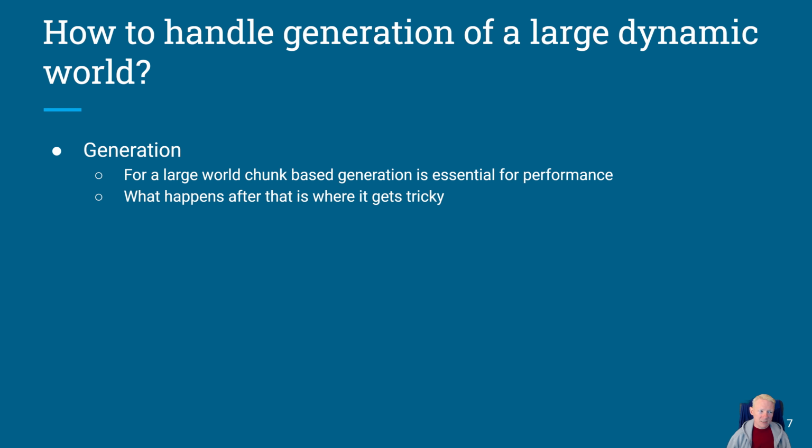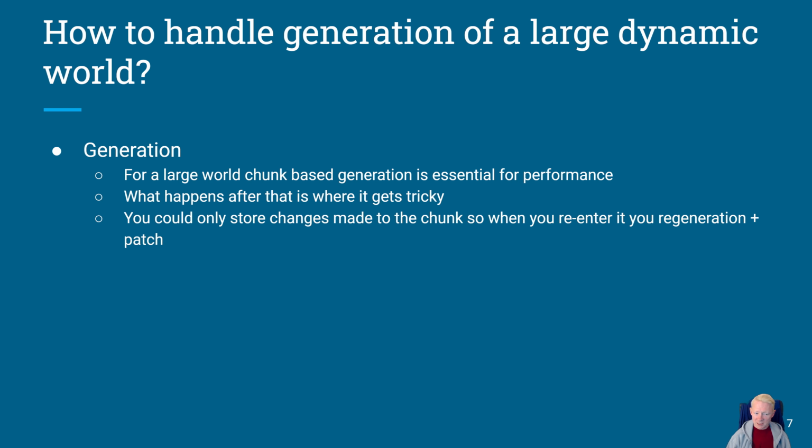Now, the challenge is, okay, that decision is an easy one, but what happens after that is where things get a little bit more complicated. Because if we're making changes to it, we could only store the changes that we make to the chunk.